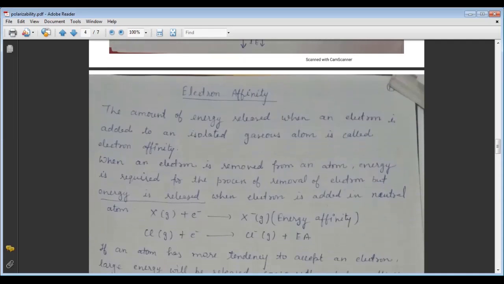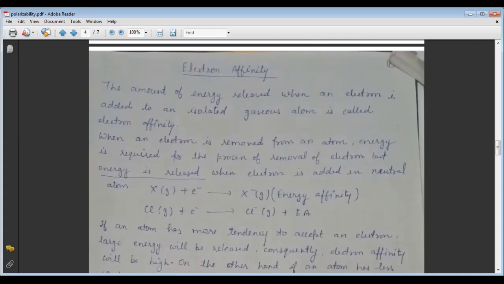Now the second topic is electron affinity. Look, it is the amount of energy released when an electron is added to an isolated gaseous atom.